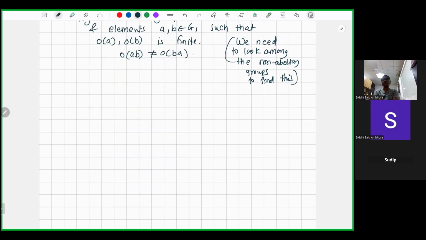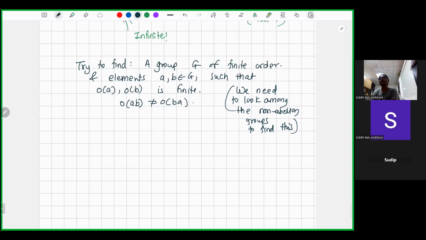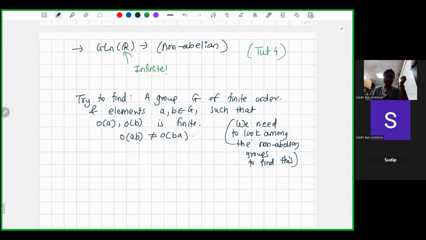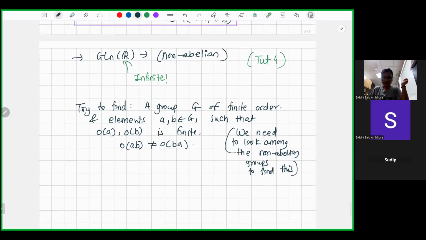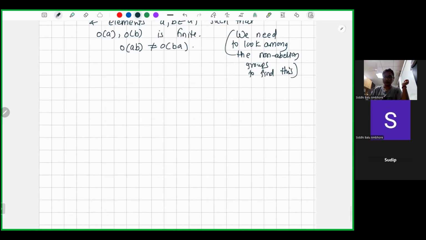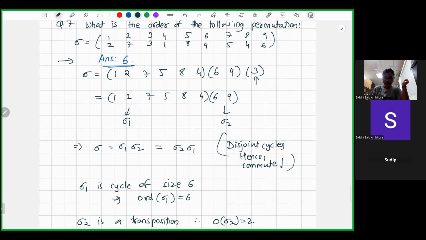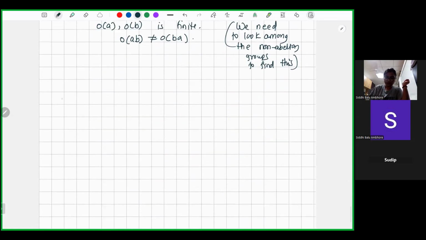But at least in Sn you will definitely get such examples. Meanwhile, if you get any example, please let me know.